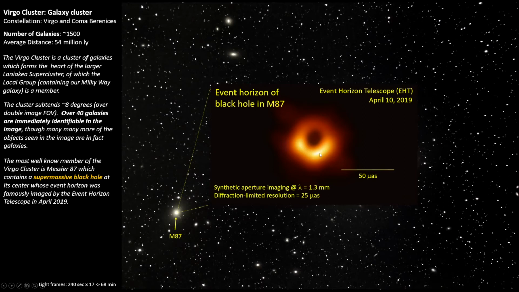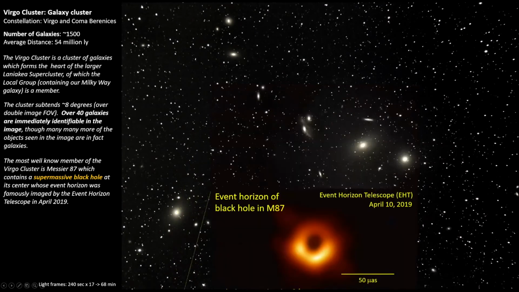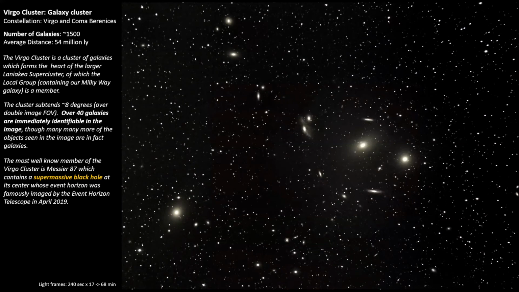So they show resolution well beyond the diffraction limited resolution. And if you read their papers to understand this, they do a whole lot of processing to be able to arrive at an image like that with enough confidence to know that it is real data. And I think that's all I have on the Virgo galaxy cluster.